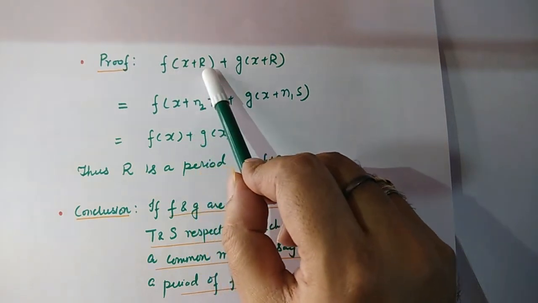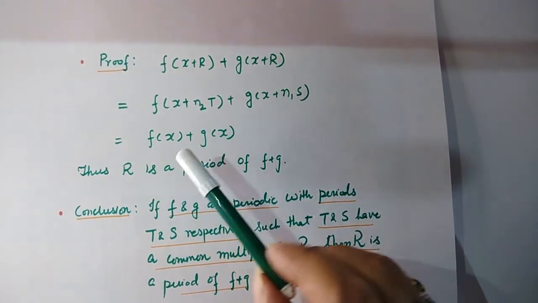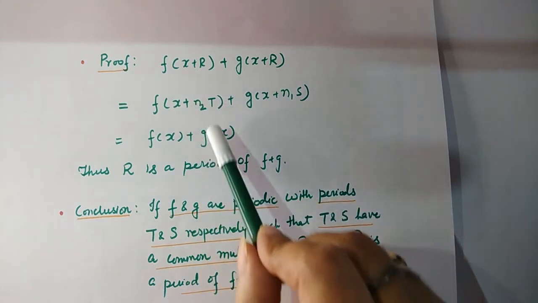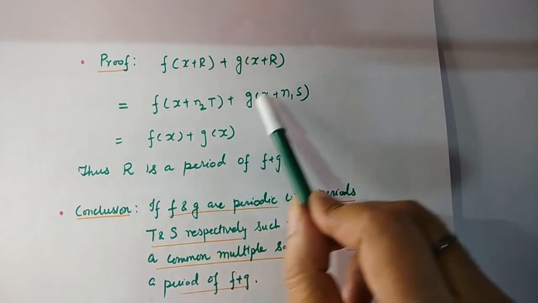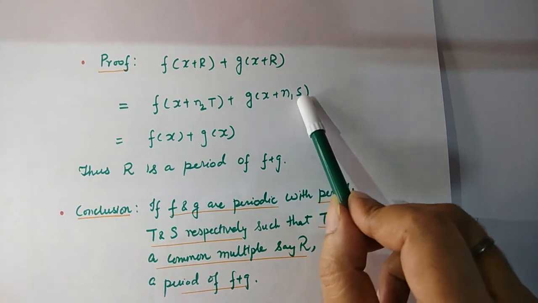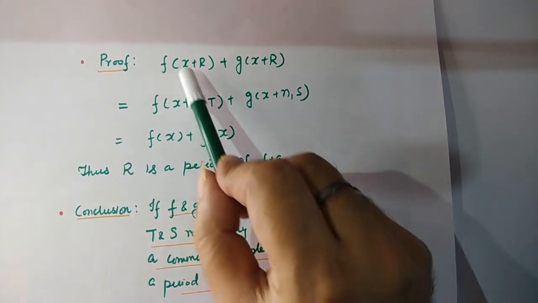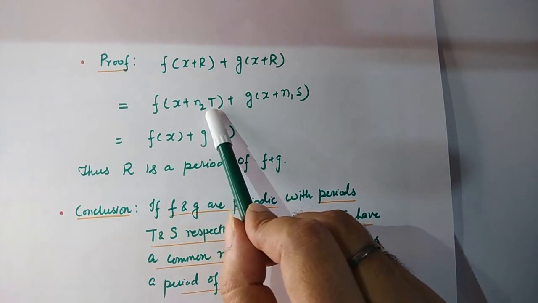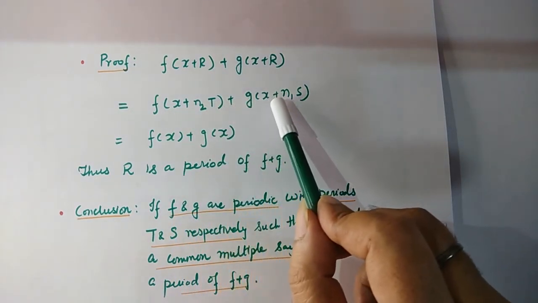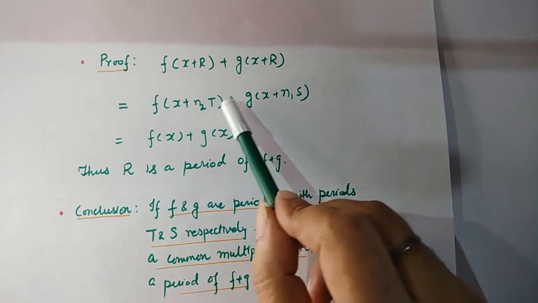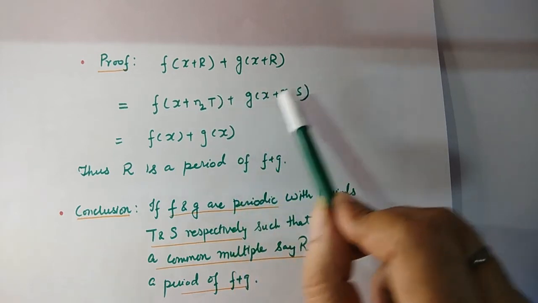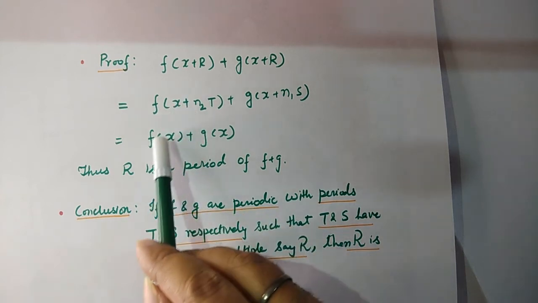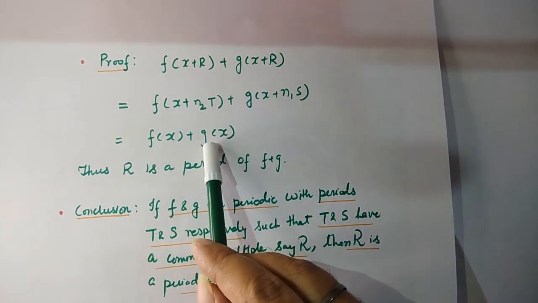f of x plus r plus g of x plus r is equal to f of x plus n2t, because r is equal to n2t, plus g of x plus n1s, because r is also equal to n1s. But since t and s are periods of f and g respectively, this is simply equal to f(x) plus g(x).